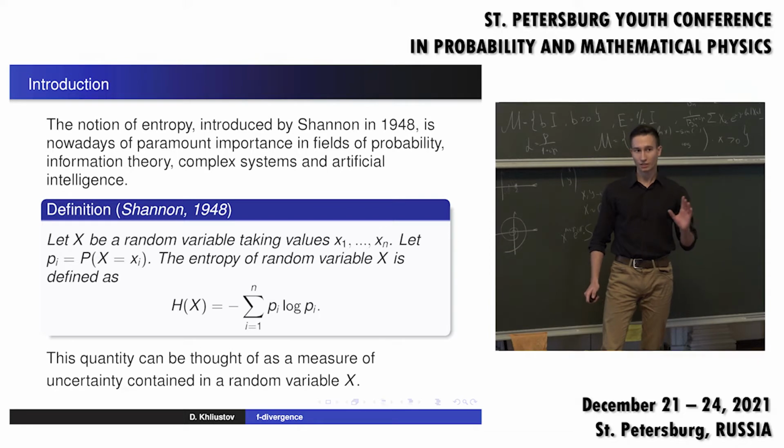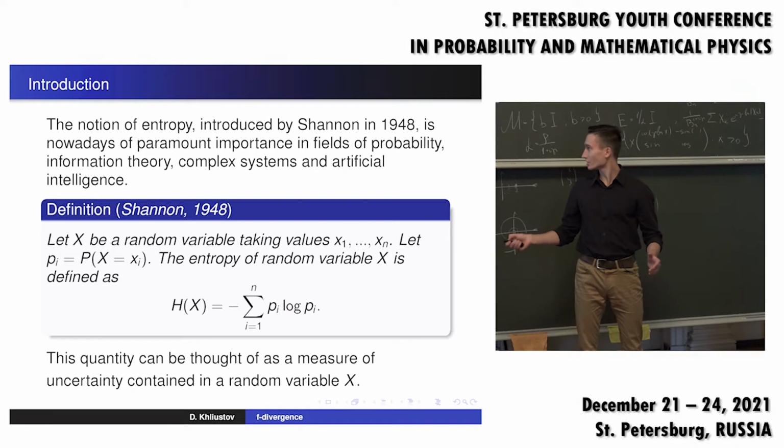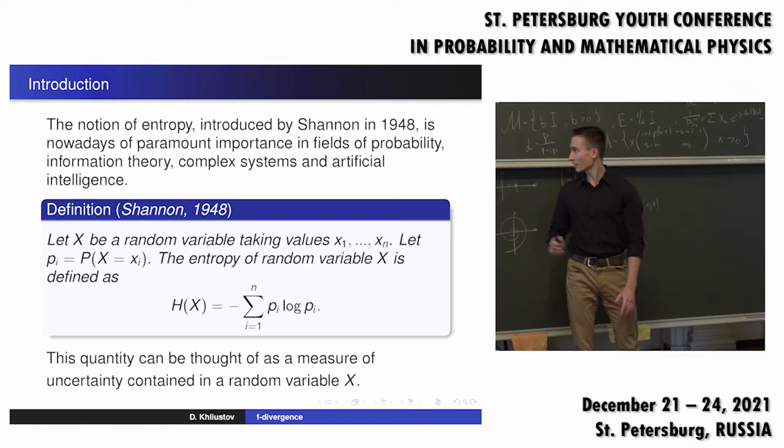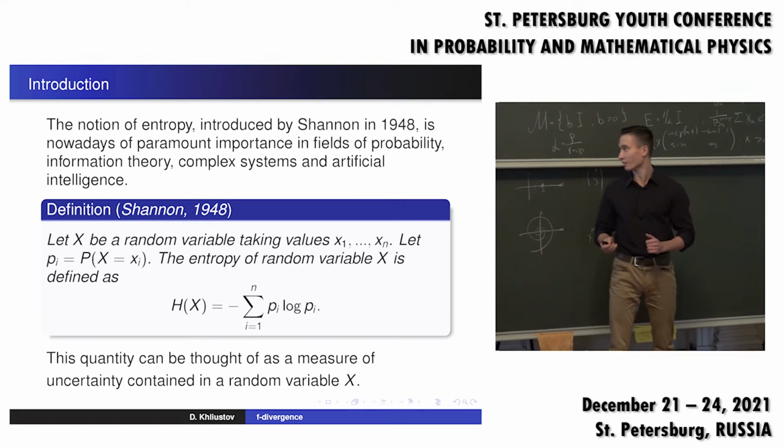If a variable has some outcome with a low probability, then after observing this outcome, we will be very surprised. And this is what is captured by this logarithm. So the sum can be thought of as an average surprise we obtain after observing outcomes of a random variable x.